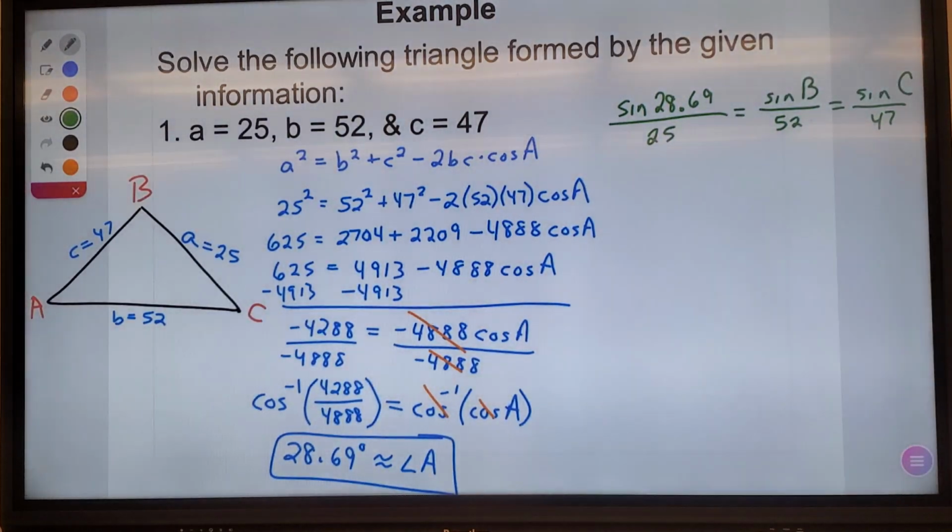Again here, note that you have one fraction that is completely filled out. That's the first one. And then the other two are missing just one piece of information. You get to choose then which one you want to solve for.